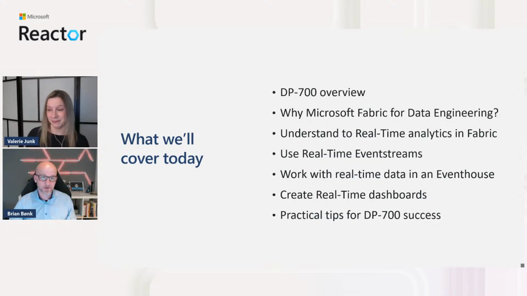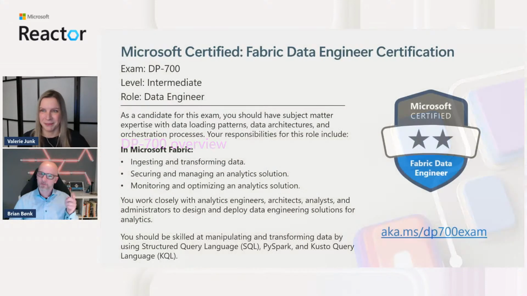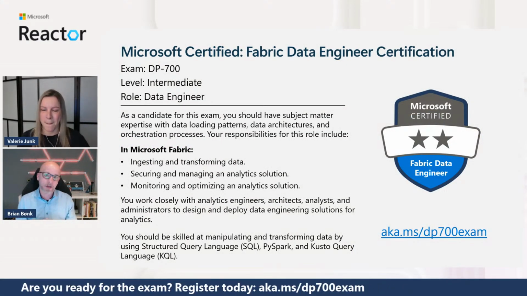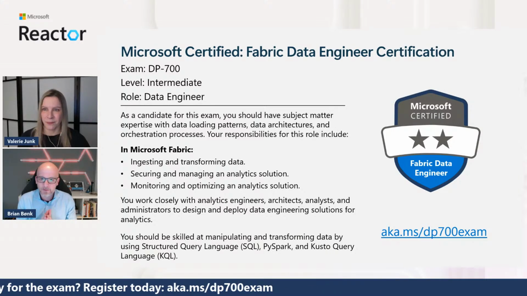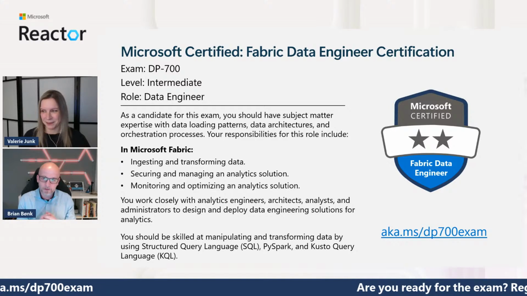So let's get started with the DP-700 overview. What is it all about and why is it here? DP-700 is only 100 points away from DP-600, and that has a reason. It is something else, and it is actually also more.